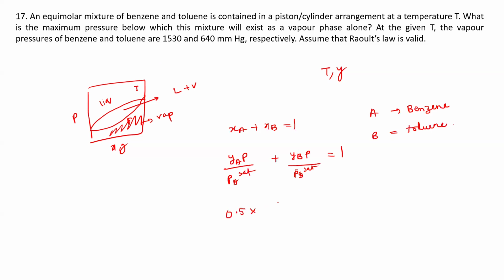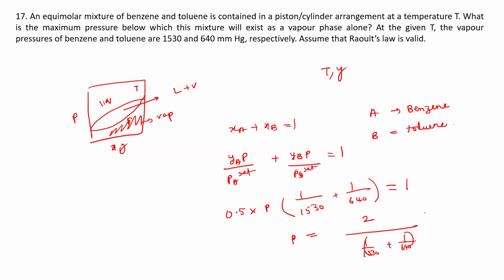That is what we have to find. With 1 by 1530 plus 1 by 640 set equal to 1 by this, we find P is 2 divided by (1 by 1530 plus 1 by 640).